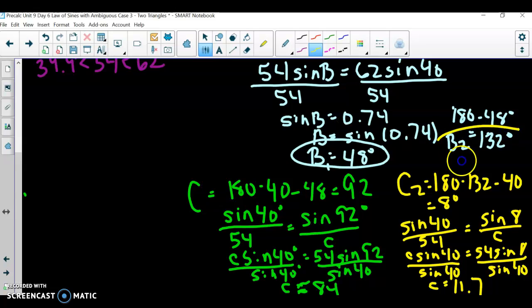These are the different cases. That's why now you'll notice in your homework you're going to be able to put 2 different ones. Okay, so for angle B and angle C and lowercase c, you should have 2 different values in those sections.